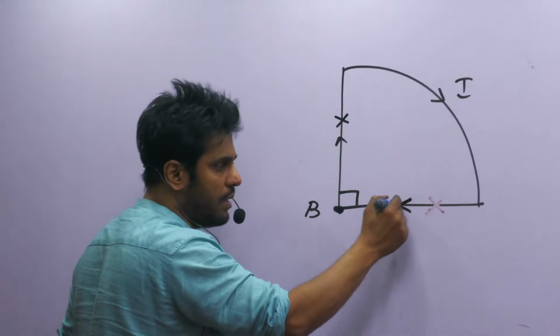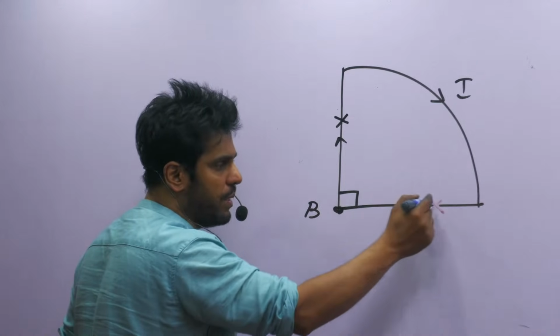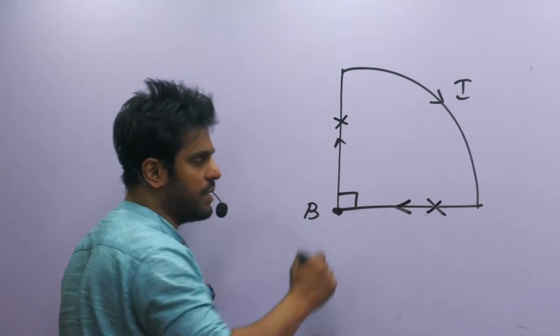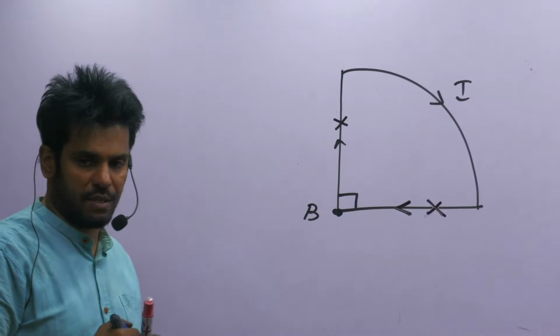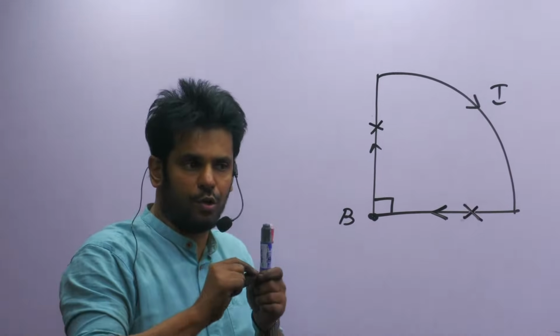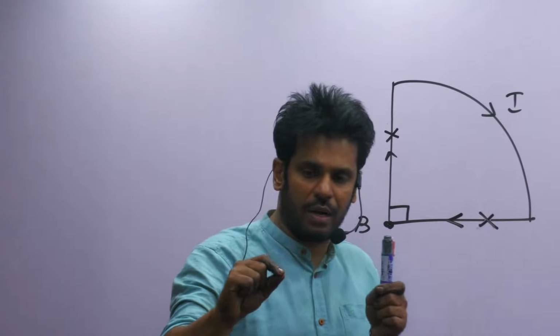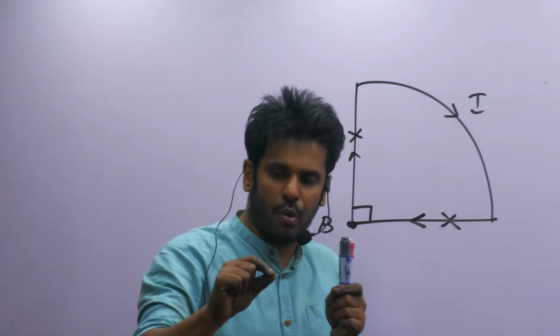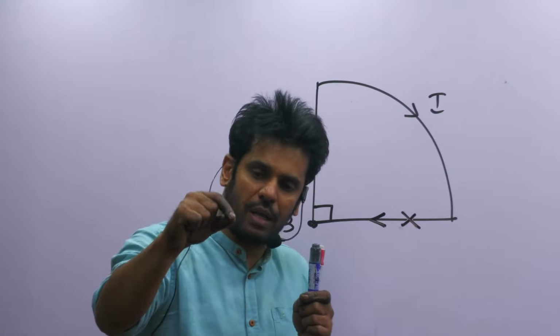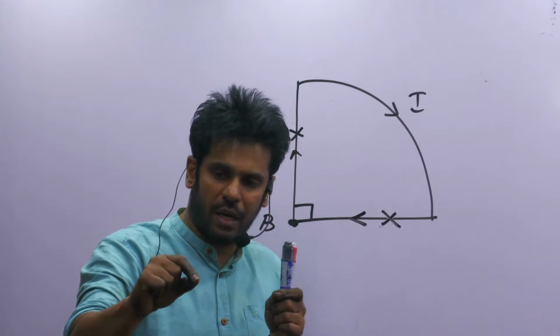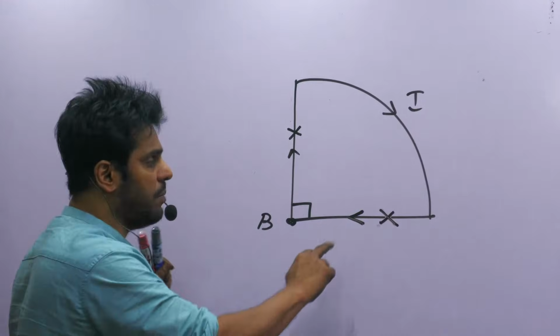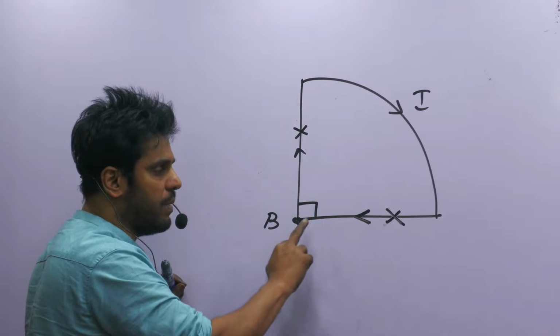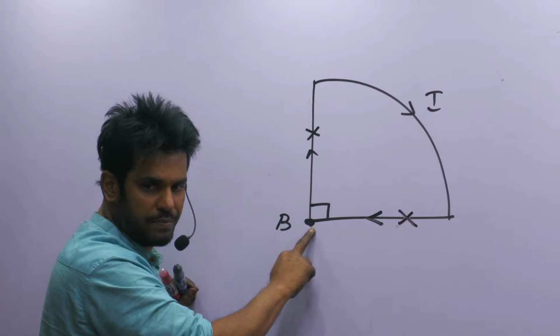So again, this current does not make a magnetic field at the center. That is the first thing. Again, when you extend that given current line, when the necessary point exists along the current line, at that time, current does not make the magnetic field.